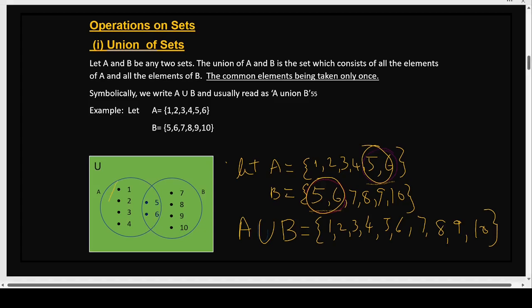So A union B is, I am hatching down, this entire area is A union B. This is the common area.